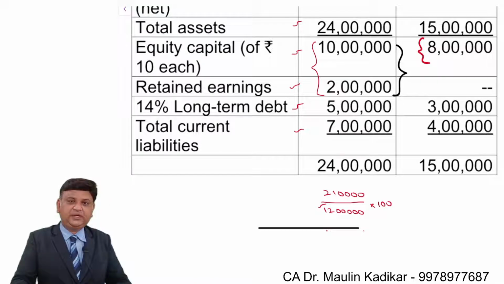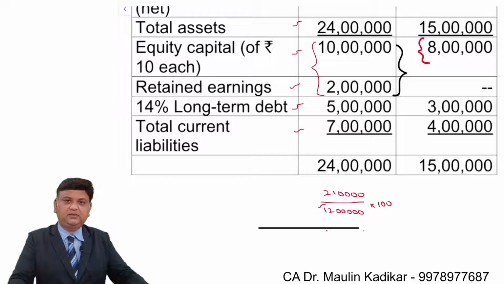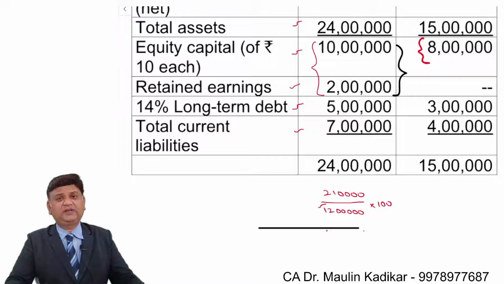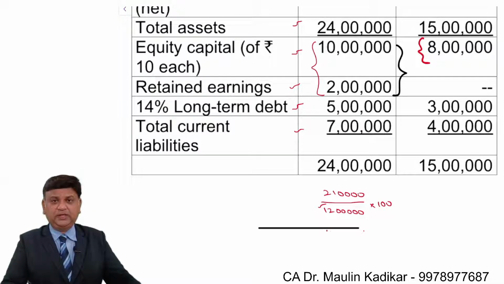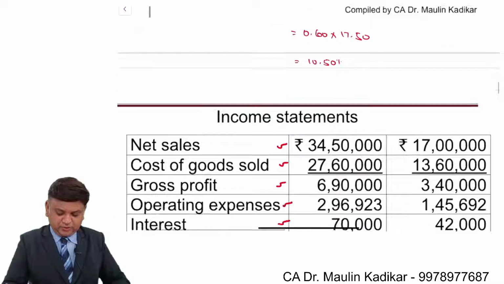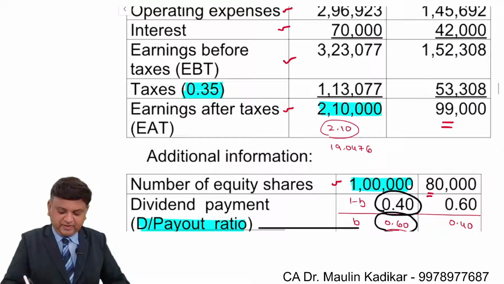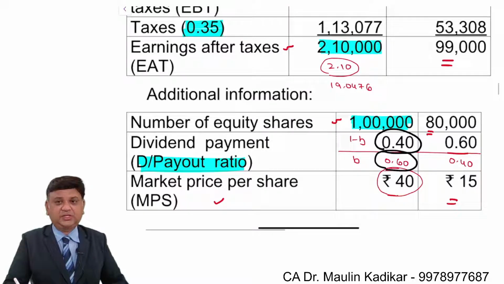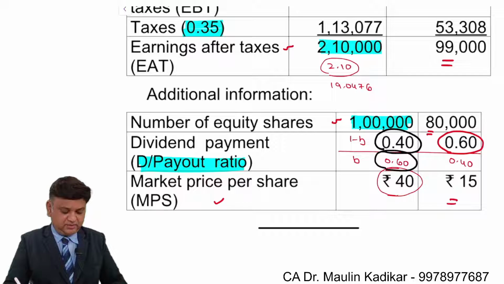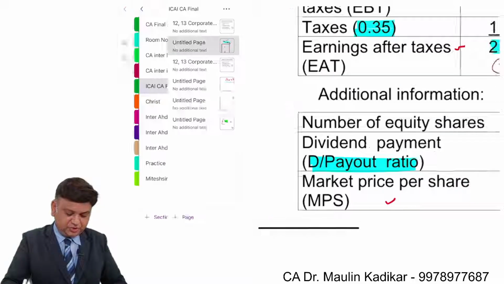Divided by number of equity shares, that will give the book value per share. Earning after taxes divided by net worth will give the return on equity. We have been provided with the information about the dividend payout ratio. So 1 minus dividend payout ratio is the retention ratio. Growth rate is equal to B into R. That is the way we are required to make the calculation of the answer.